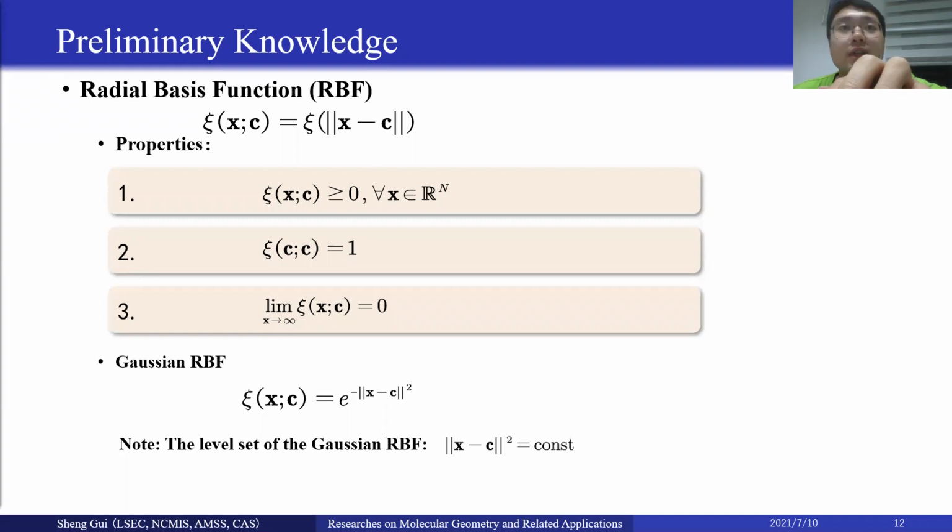As we all know, the typical choice of RBF is the Gaussian function. So the level set of the Gaussian RBF is a standard sphere equation. Based on this point, we can modify the standard sphere equation to the free ellipsoid equation.